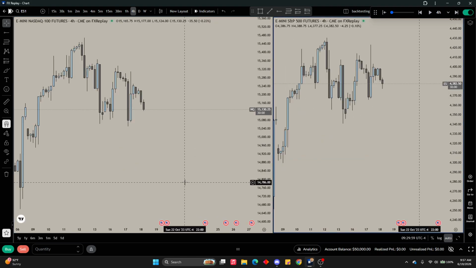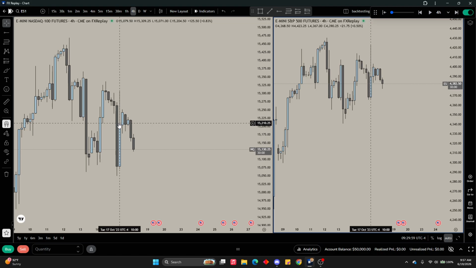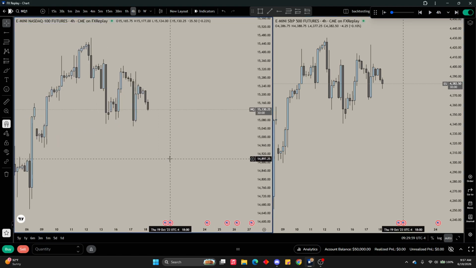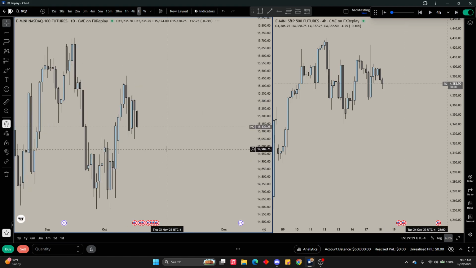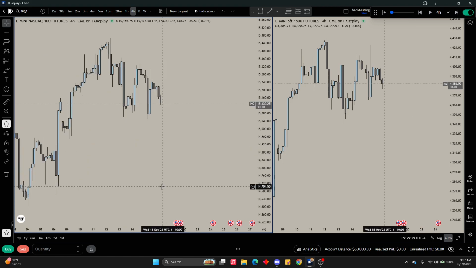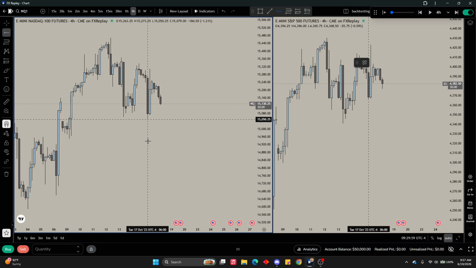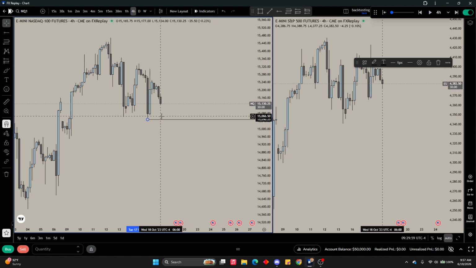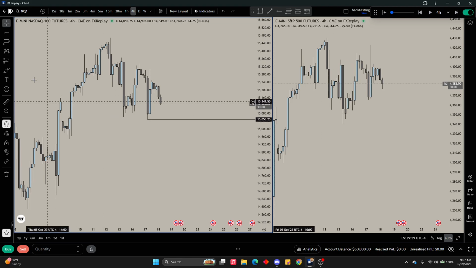All right, so we flip bullish for a little bit, and then we continue back lower. This is again very weird price action. We have this, we have this. Is this an intermediate low? Hold on.